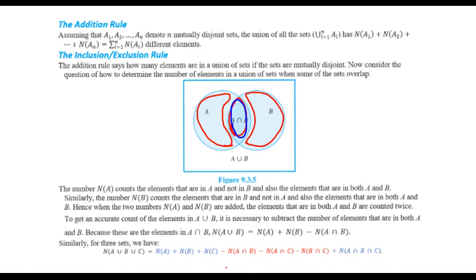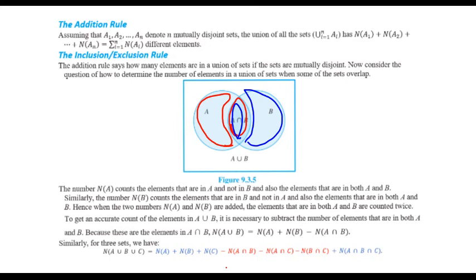So let me draw this with the blue line. So n of B covers this area and this area, correct? The intersection of A and B and the area that is only in B, not in A, correct?